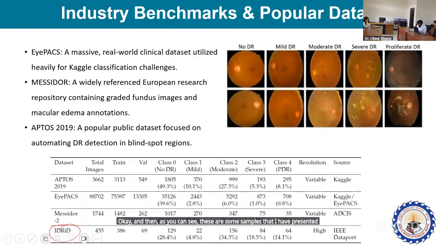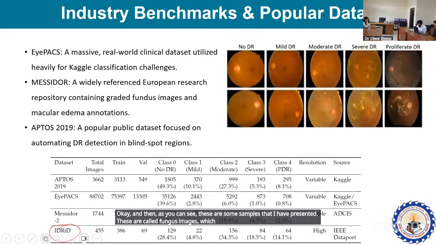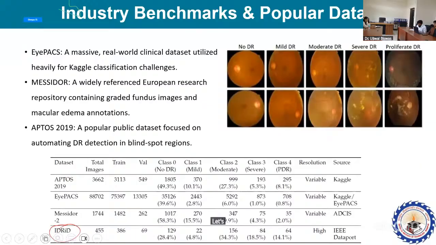These are called fundus images, which are taken by an ophthalmologist of the patient's retina, and then we can see no DR, mild DR, and these keep on degrading.